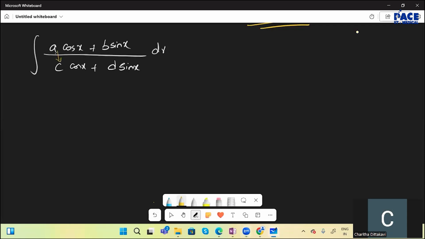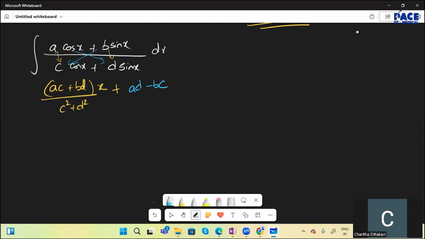So AC plus BD by the denominator, C square plus D square, times x, plus now I am going the cross way, that is AD with BC. Clear? So AD minus BC.